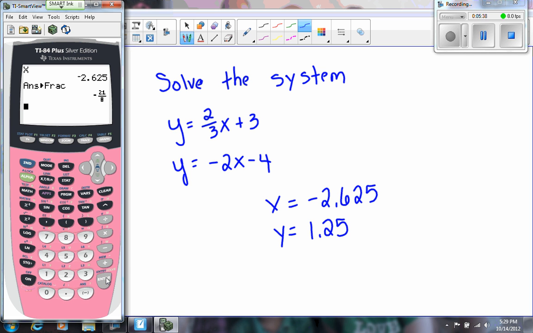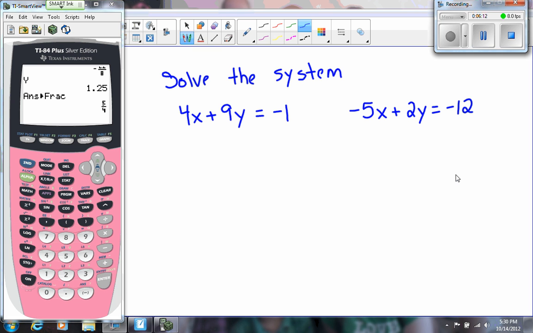So that's kind of handy. To find the y value, it's actually stored in y, which is above the 1 key. You have to hit alpha and then 1, and I can hit enter, and I get 1.25. Now it's only temporarily stored there because if I do another solution this way, it's going to put the new thing over that. So now if I wanted to change that to a fraction, I could do that and get 5/4.